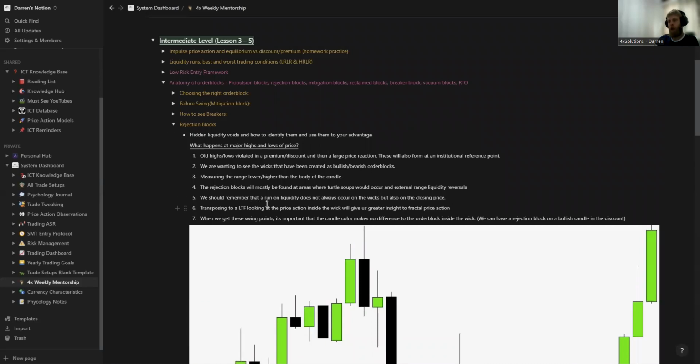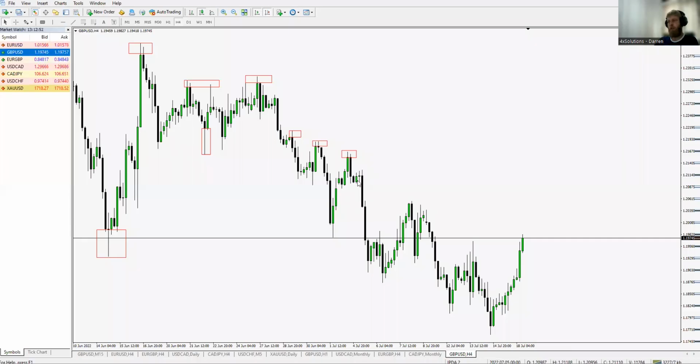We should remember that a run on liquidity does not always have to occur on the wicks, but it can also occur on the closing price. Just like I said, price doesn't always have to raid the high of a wick, it can raid equal bodied highs. That comes down to understanding price action, and sometimes it may not always trade above a particular high. For example, over here, it looks like there's one here.